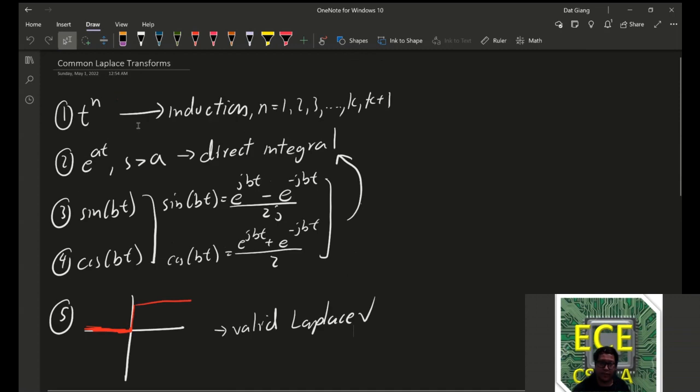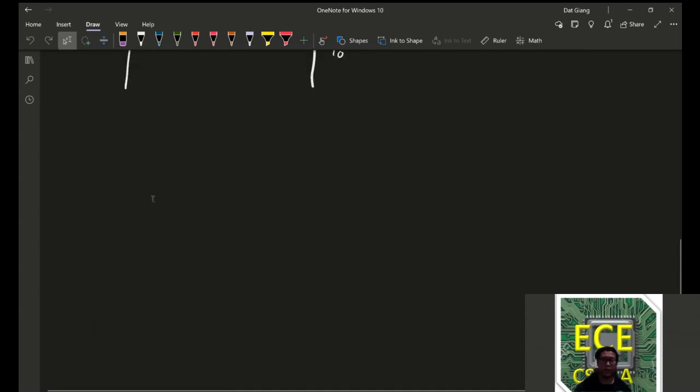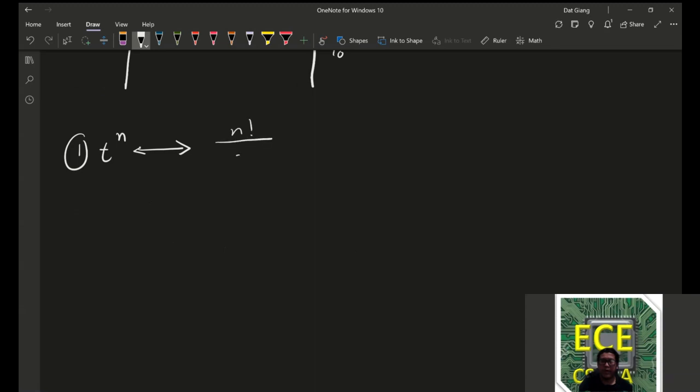Now, just for these 6, I will write the results. 1. t to the n has a Laplace transform pair, which we denote with the bidirectional arrow, of n factorial divided by s to the n plus 1. The idea is that whichever power we have, write a factorial on top, divided by s to one more power.